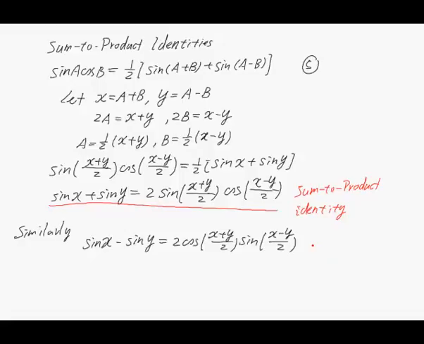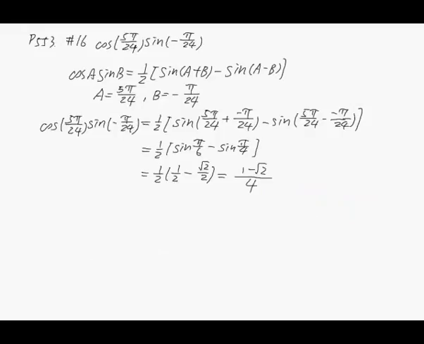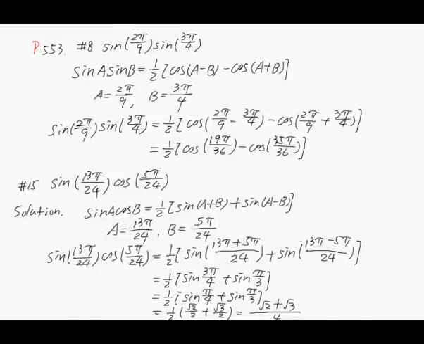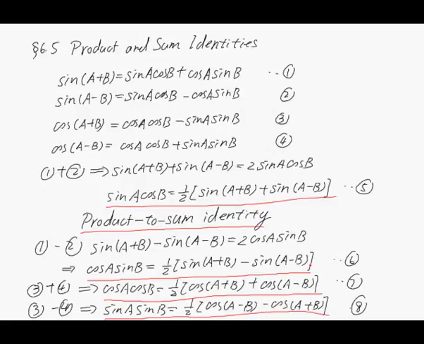And this is from identity 6. Okay, you look at identity 6, this one. So from this one, you can have sine of x minus sine of y equal to 2 times cosine of x plus y over 2 and times sine of x minus y over 2.